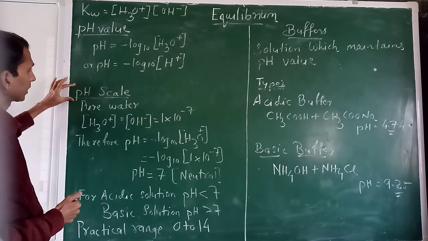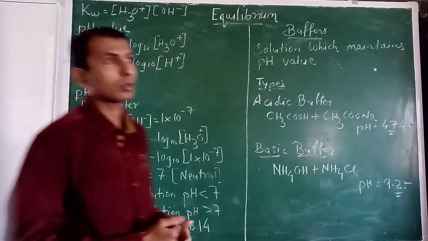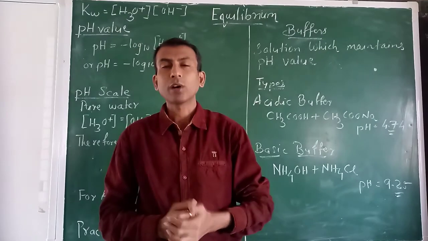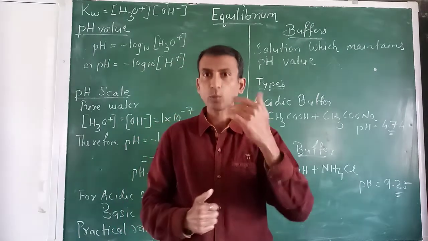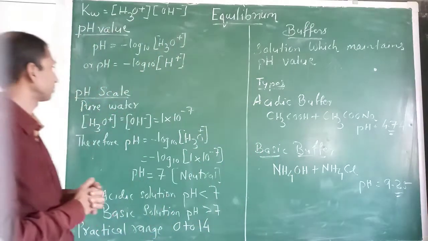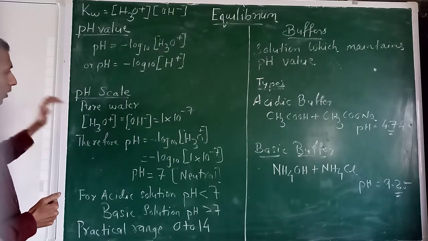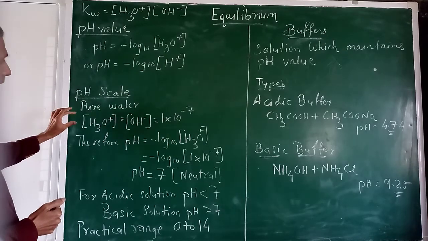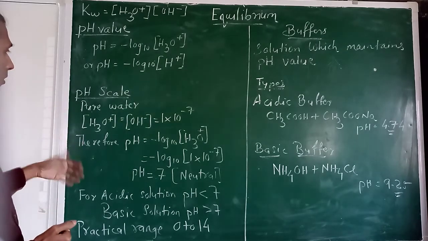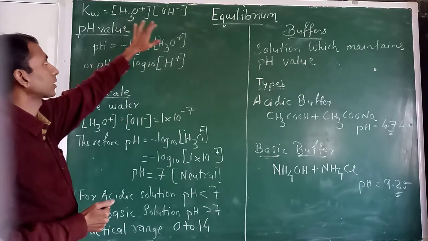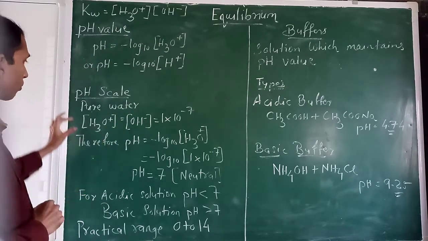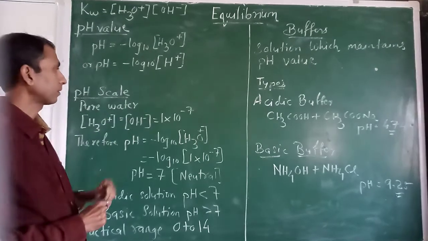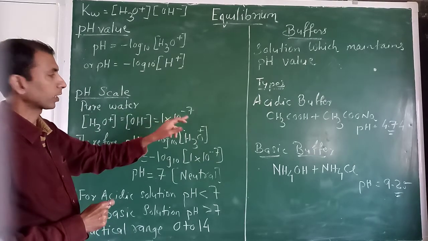Now what is the meaning of pH scale? Pure water or any neutral solution. Now you will come to know what is the meaning of neutral solution. So pure water ionizes or dissociates, producing H3O plus and OH minus ions, and experimentally it is found that the molar concentration of H3O plus is equal to that of OH minus ion, and the value is 1 into 10 raised to minus 7.